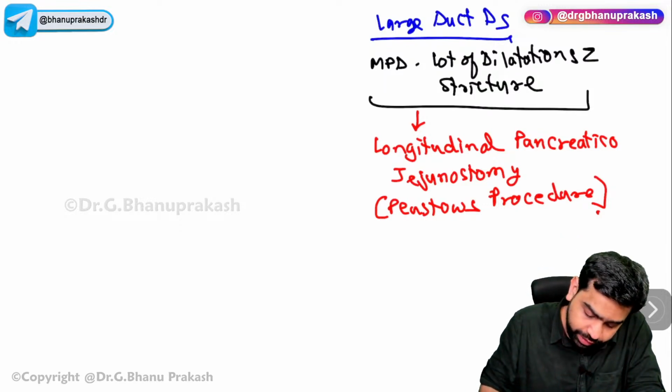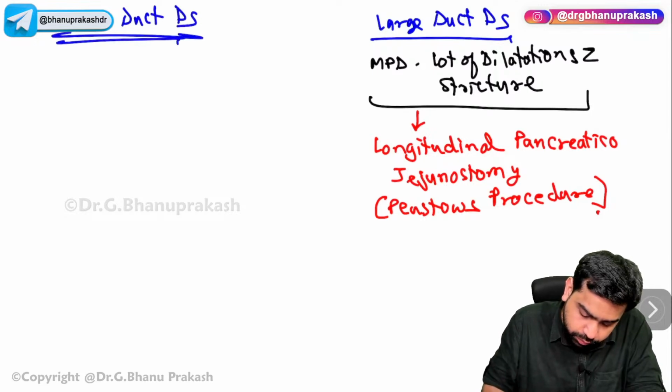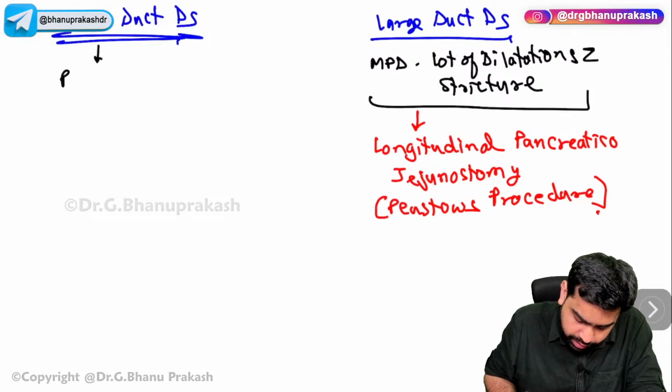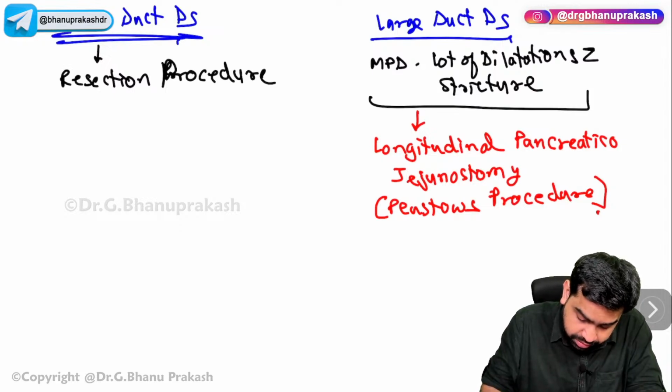But if, let's say, there is a small duct disease, in small duct disease what you perform is a resection procedure. So what is the name of this particular resection procedure? Please brace yourself.